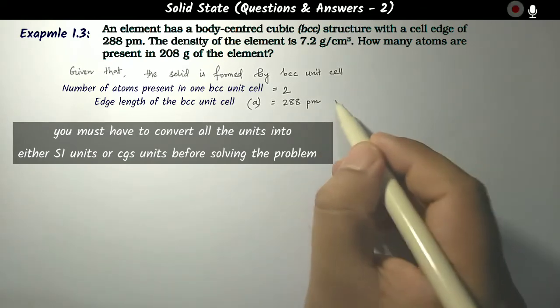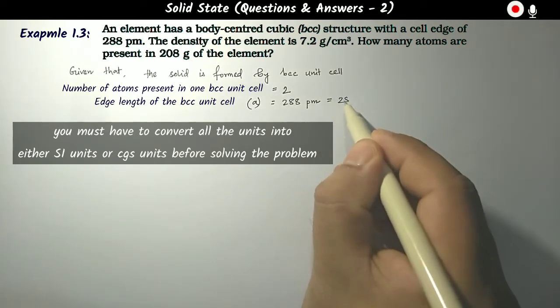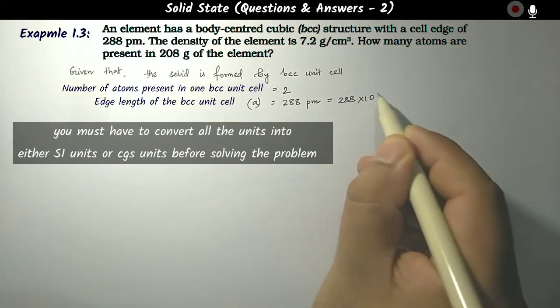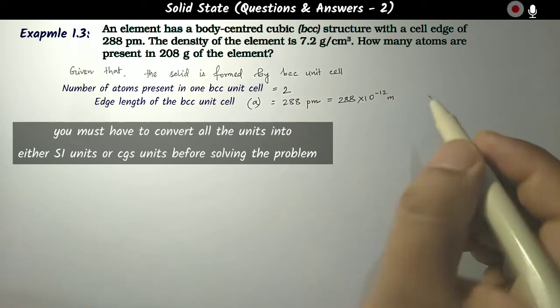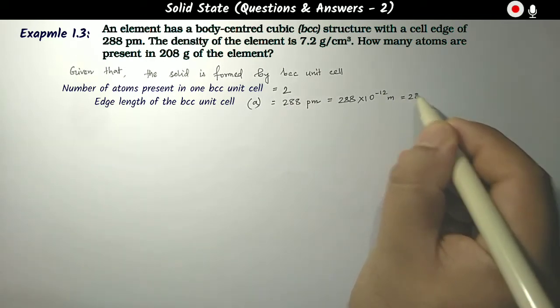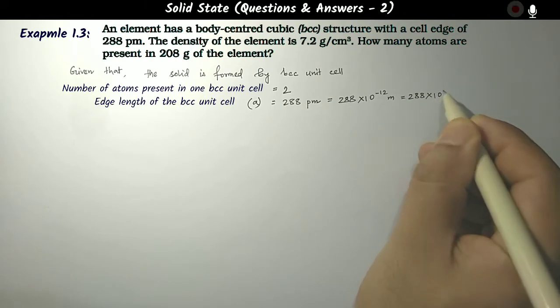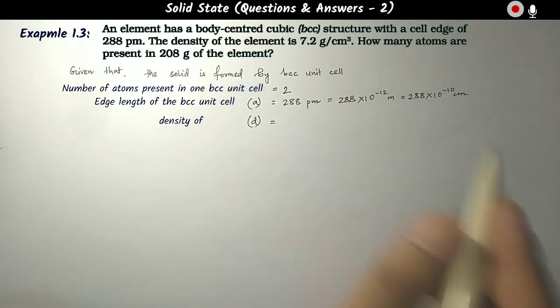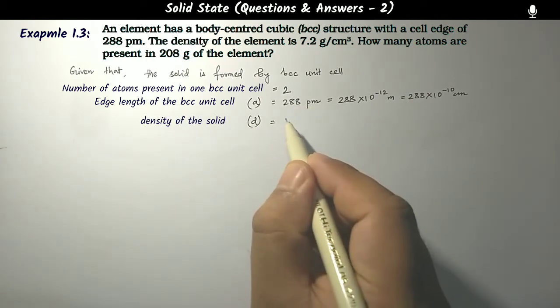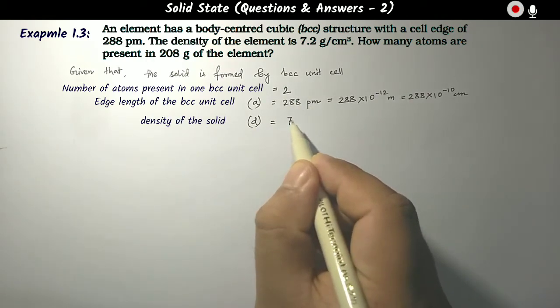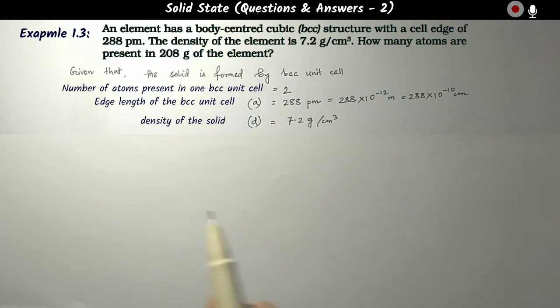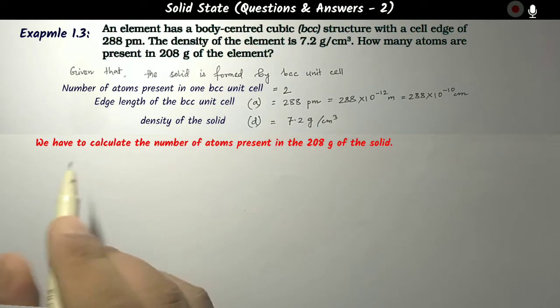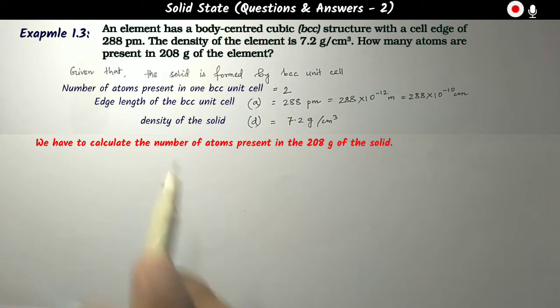So 288 into 10 to the power minus 12 meter, which is 288 into 10 to the power minus 10 centimeter. The density is given as 7.2 gram per centimeter cube. What we have to calculate is the number of atoms present in 208 gram of the element.